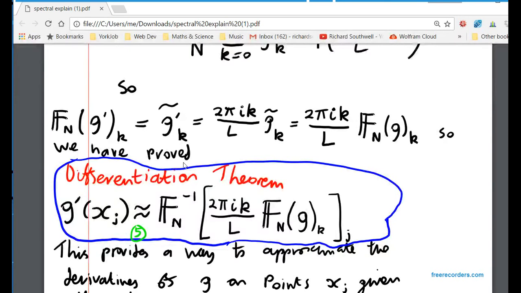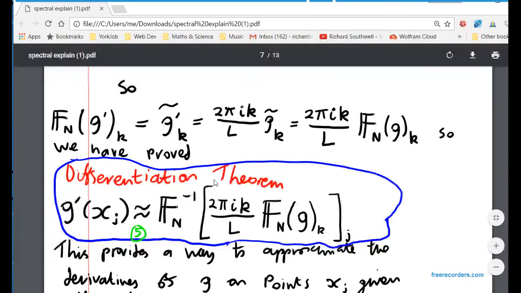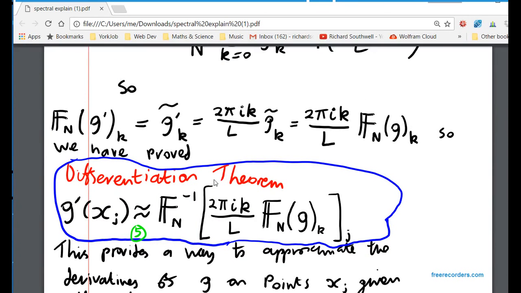Now multiply that by 2 pi i k divided by L, and doing that converts you from the Fourier coefficient of the function g to the Fourier coefficient of the derivative of g. Then all you have to do is the inverse Fourier transform to shift those coefficients back into the original space, and you get this approximation for the derivative.